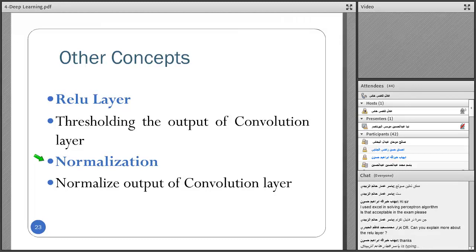Yes, ReLU layer, you know, it is just doing some computation. Okay, let me give you an example.